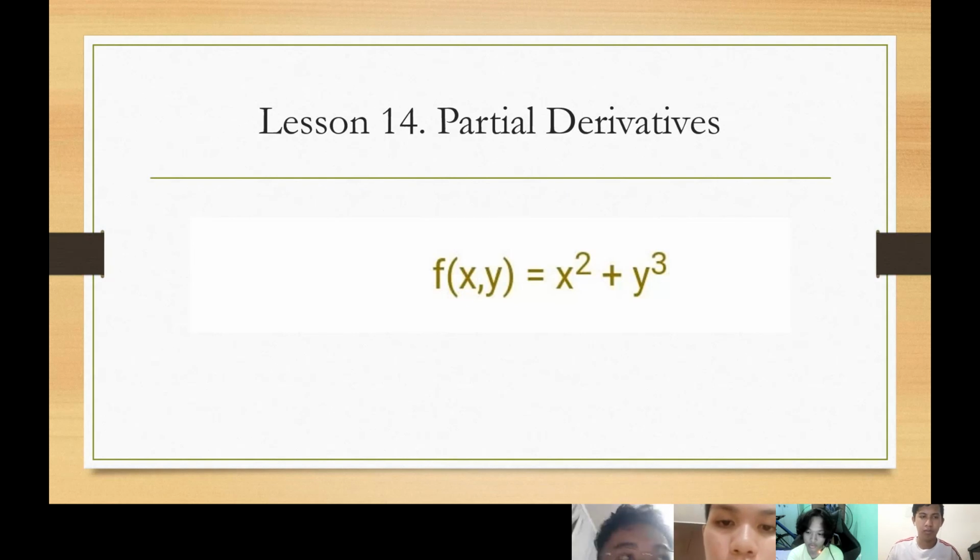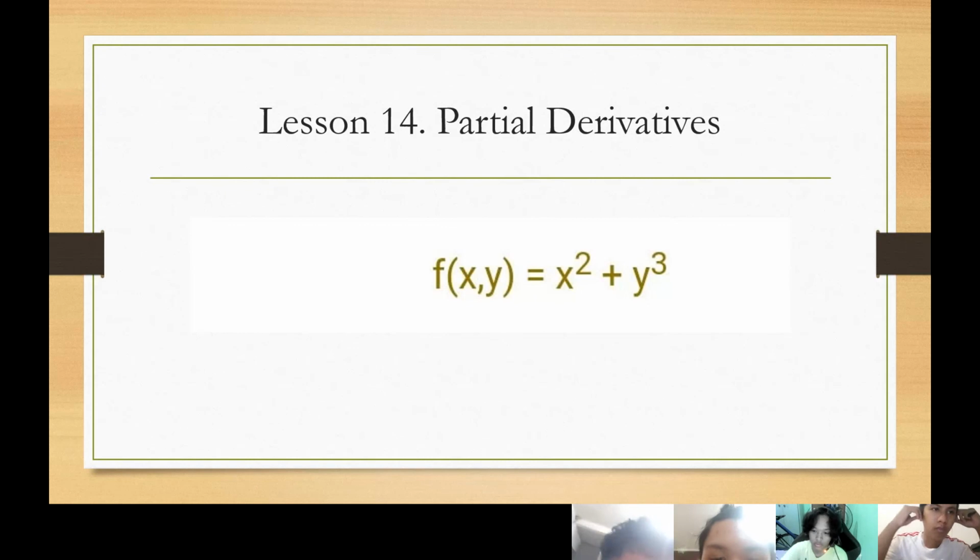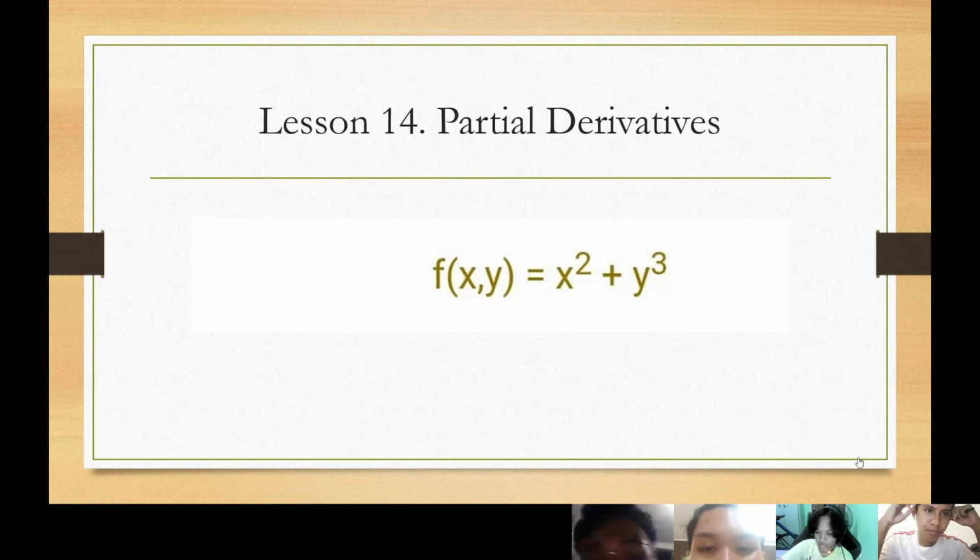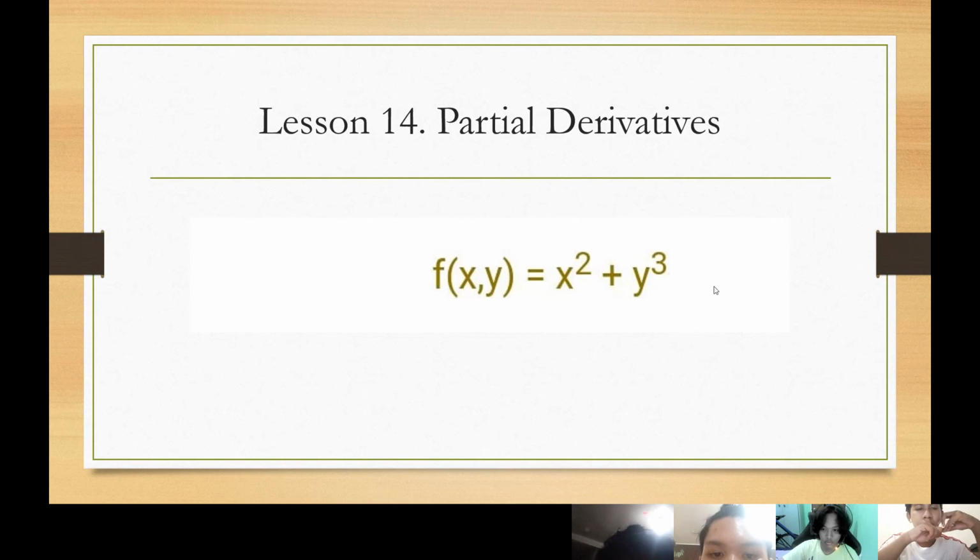Okay lang. Yan, sabi ni Miss kanina, kapag partial derivative, di ba, partial derivative f with respect to x ang hahanapin. Ay, by the way pala, ito muna yung example 1 natin.